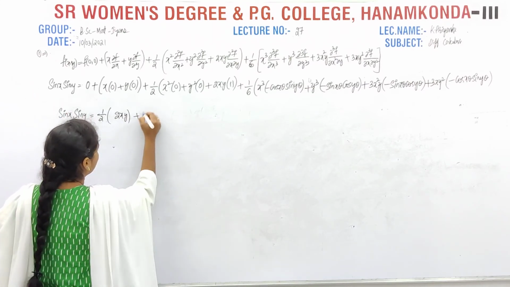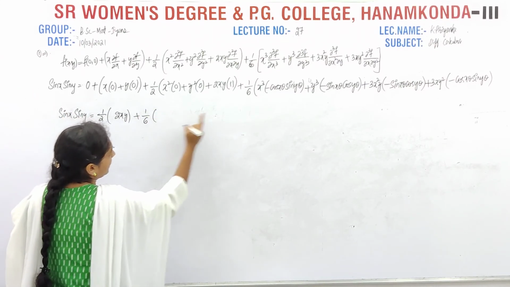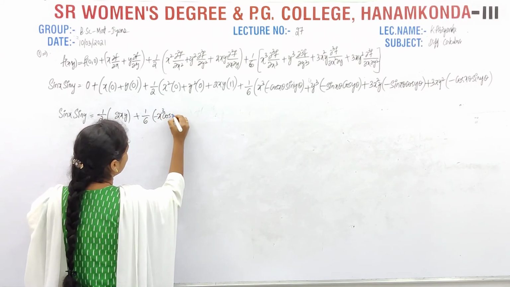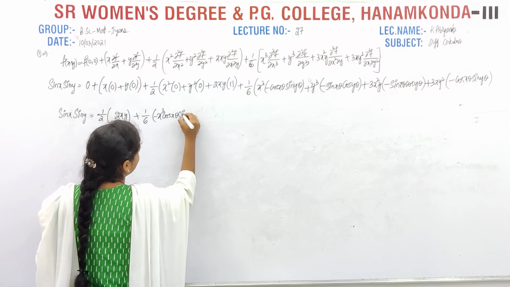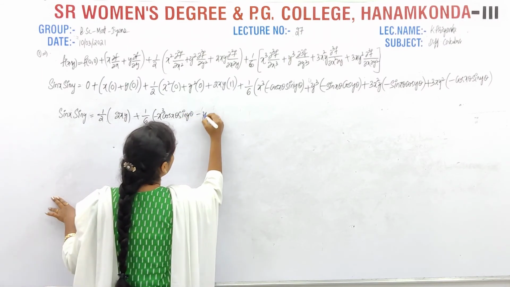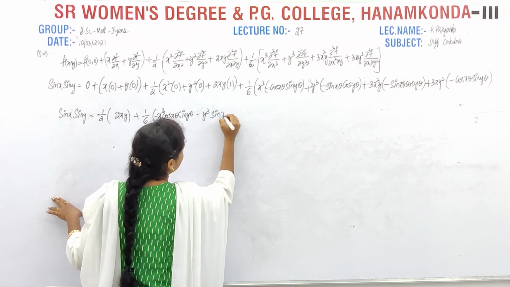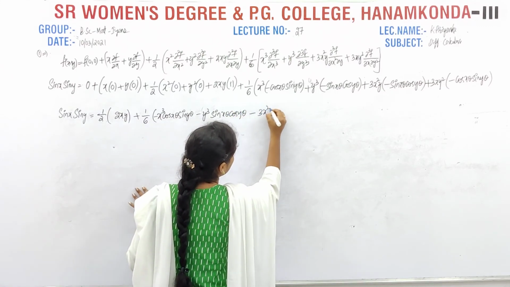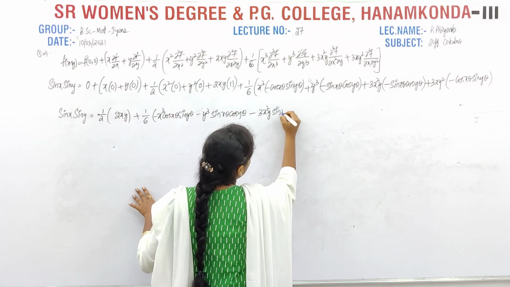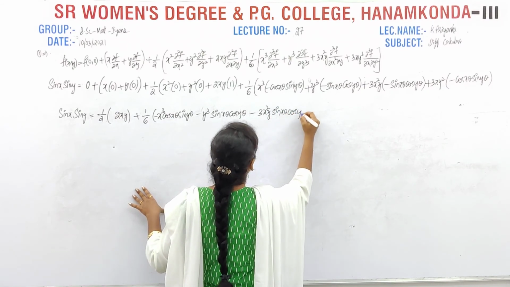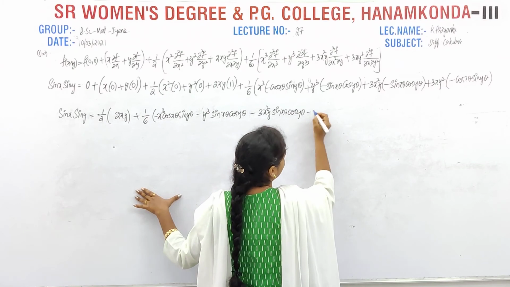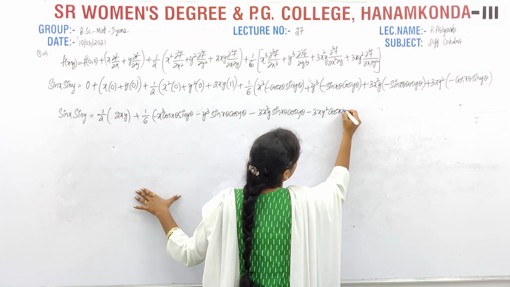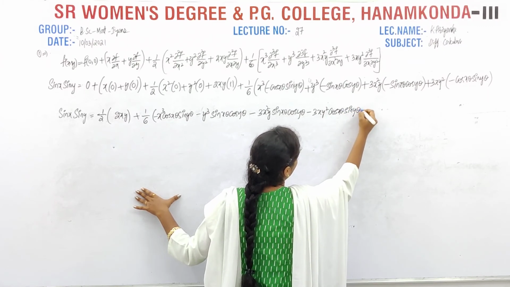Okay, plus 1 by 6 of x cube minus, okay, minus x cube cos x theta sin y theta, minus y cube sin x theta cos y theta, minus 3x square y sin x theta cos y theta. Next minus 3xy square cos x theta sin y theta.